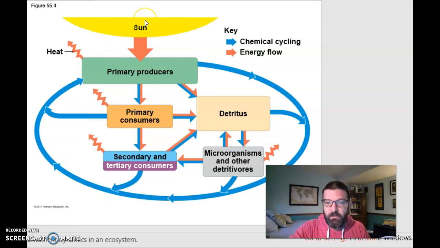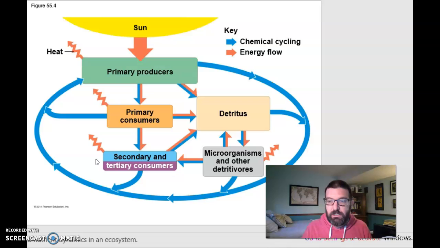And this is a look at that energy in visual form. It comes from the sun, moves through primary producers, consumers, secondary, tertiary consumers, etc. And eventually, through all of these stages, we lose some of that energy as heat, right? As we transform sugar energy into ATP energy, we lose that heat in between.